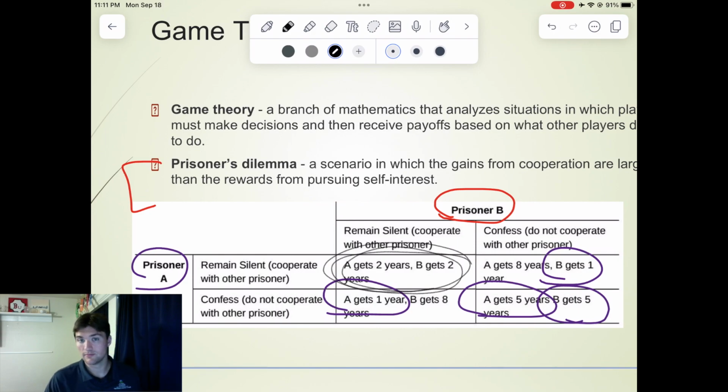But since they can't communicate with one another, they actually end up confessing. That's the key, and that's the dilemma. So with game theory, you have to go in a way where you're blocking off the decisions of A and B, and then making their decisions from there.